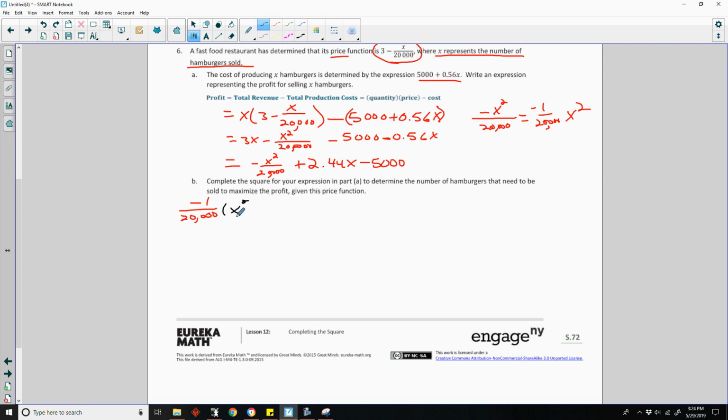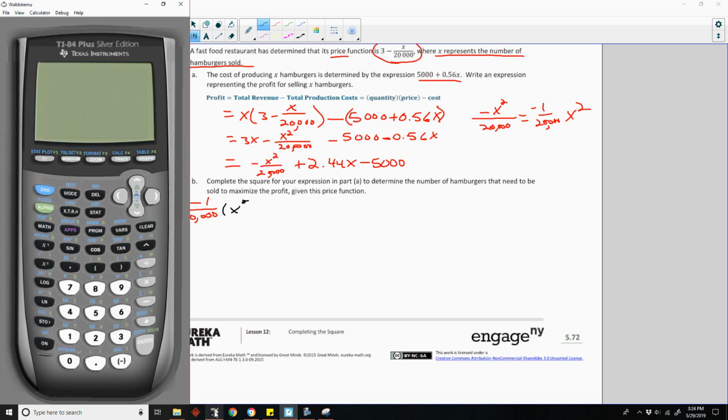That's what I'm factoring out of this. I'm going to get x squared here, but then I have to ask myself, how do I get 2.44x if I factor out 1/20,000th? So what I'm going to do is multiply 2.44 times 20,000.